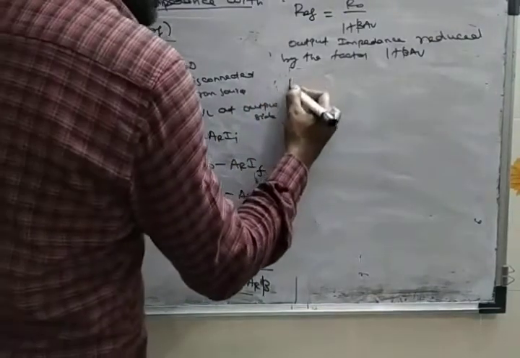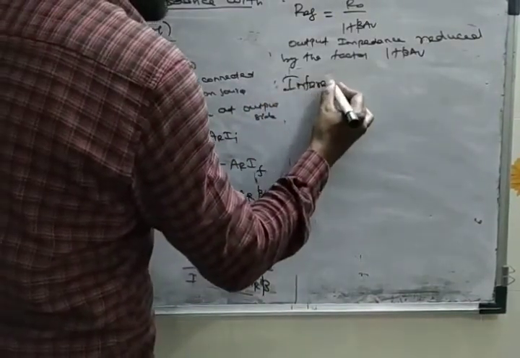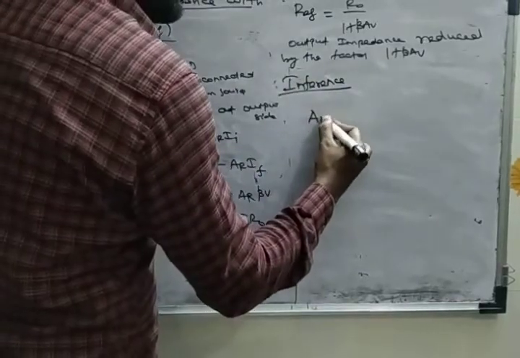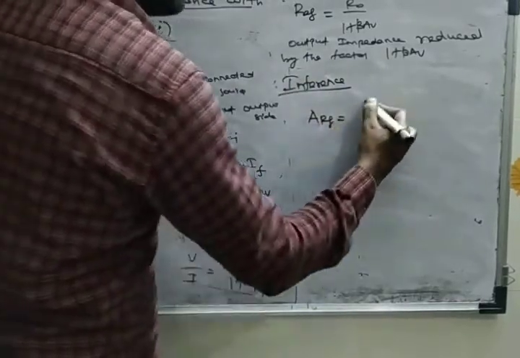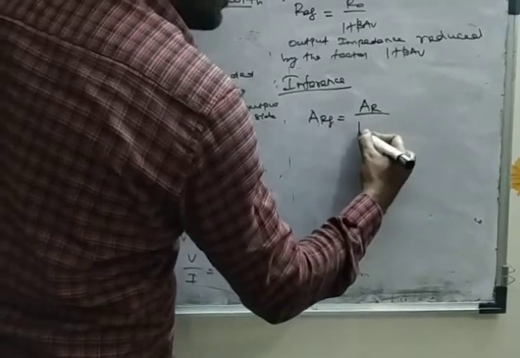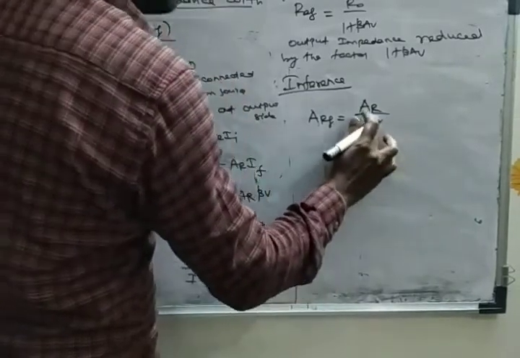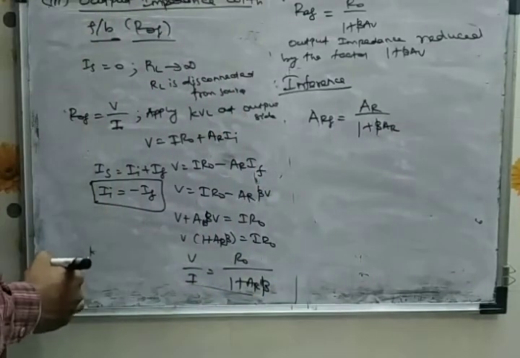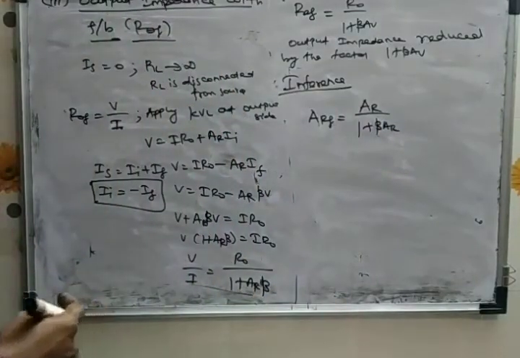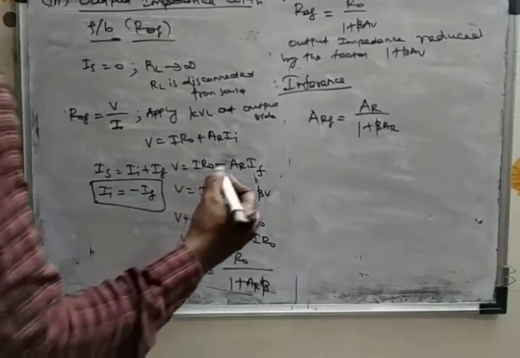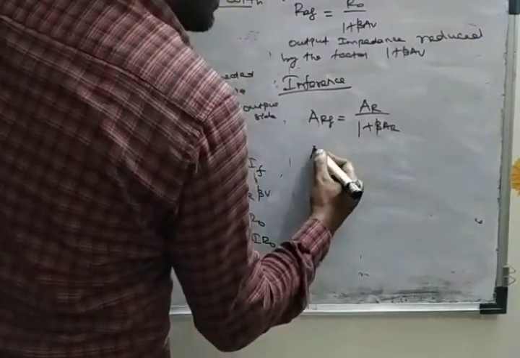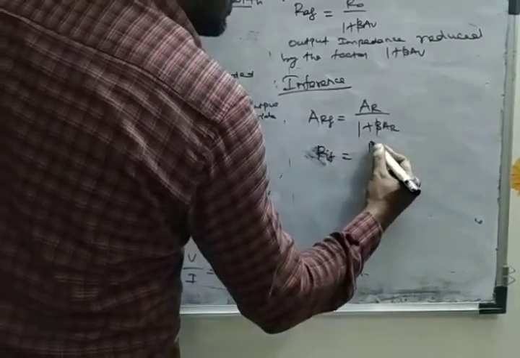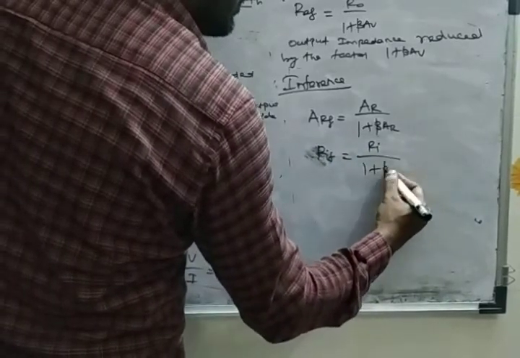So the inference: gain with feedback ARF is equal to AR by 1 plus beta AR. RIF is equal to RI by 1 plus beta AR.